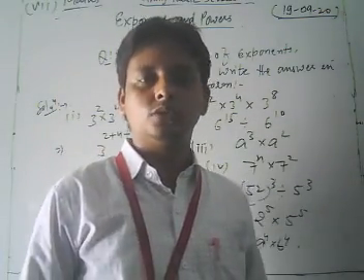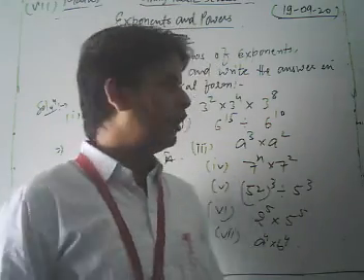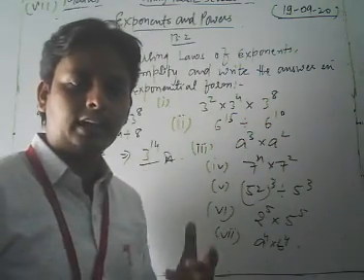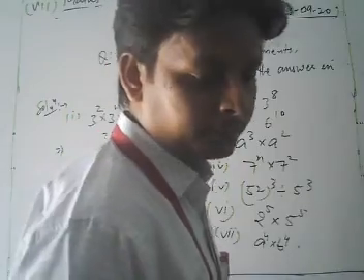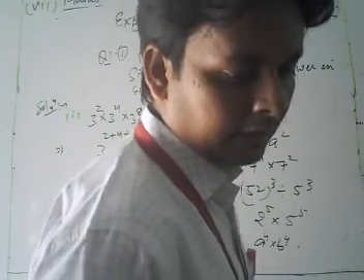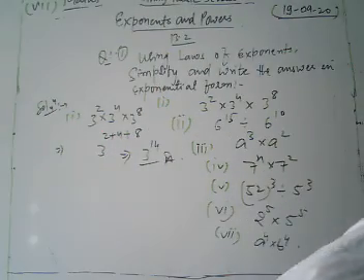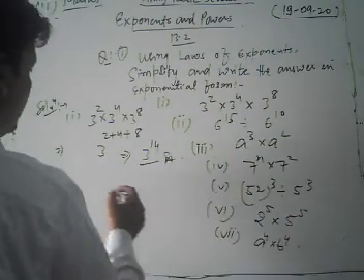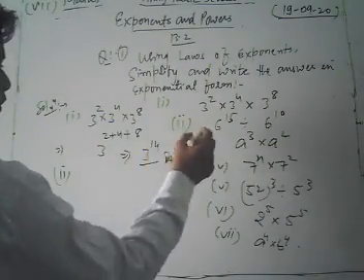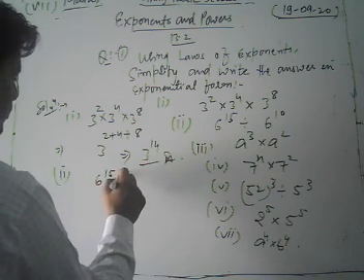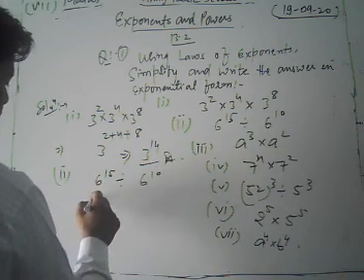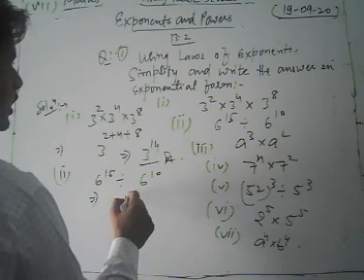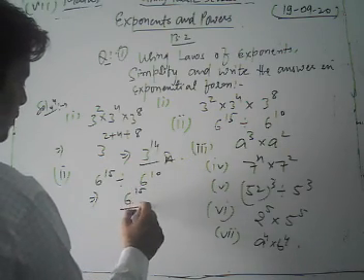So dear students, in this way we can solve each part of this question applying the laws of exponents. Let's see the next part. We take the second part of this question and solve it. We write 6 to the power 15 upon 6 to the power 10.